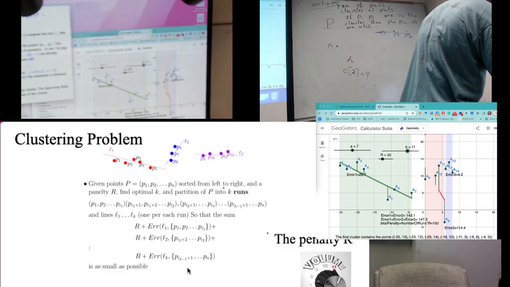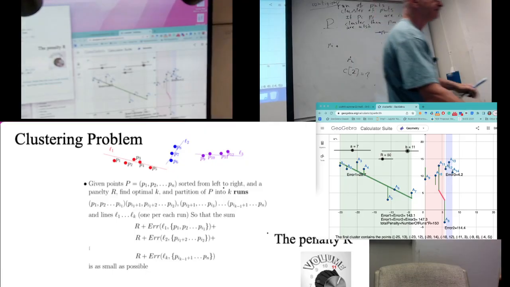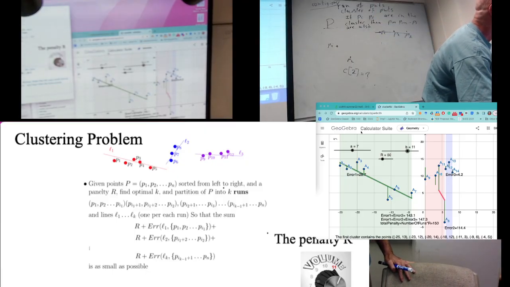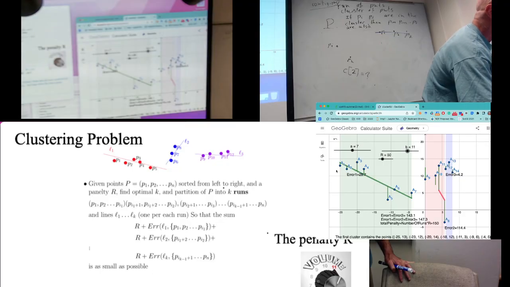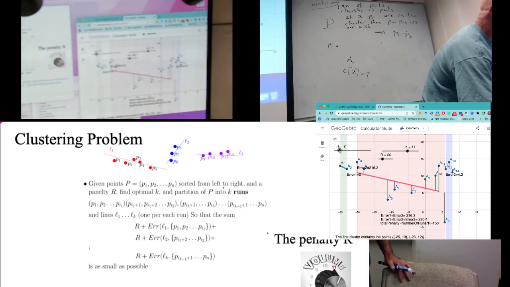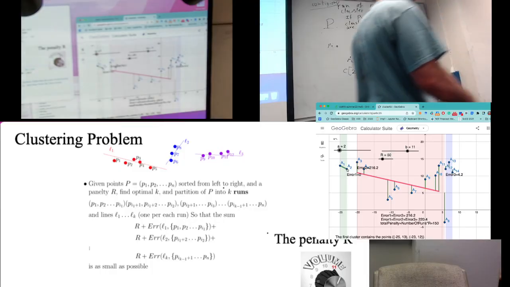Remind you again, it's the best way to cluster the points. In C2, the points that start at P1 and end at P2 are both in one cluster. But what do I pay at this point?